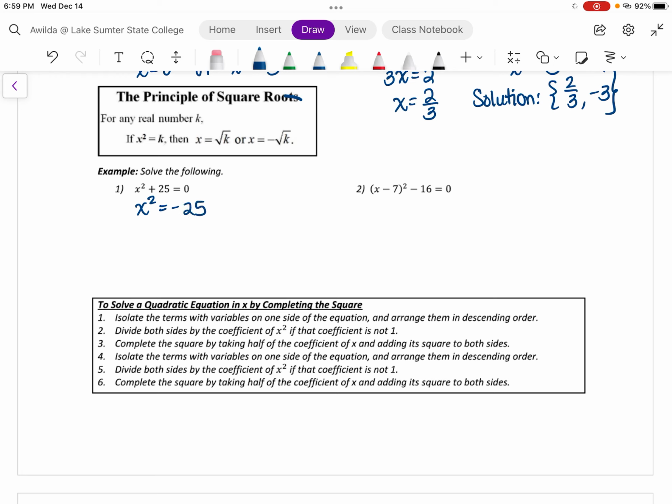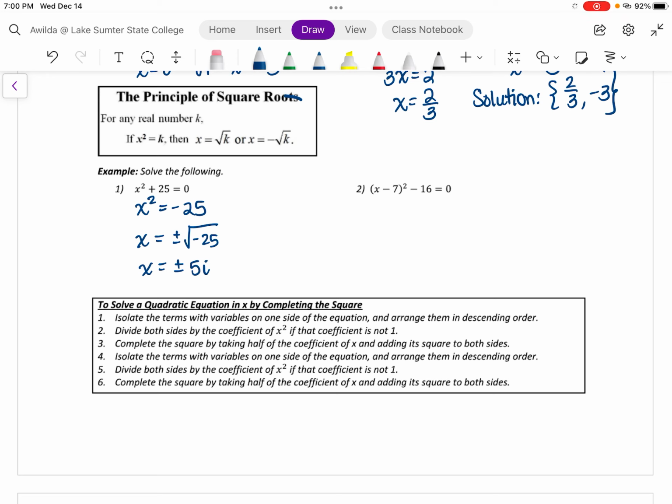Negative 25 is a real number, and because we now know that complex numbers follow rules that real numbers do not, we can apply this principle of square roots to say that x is equal to either the principal or the negative square root of negative 25. Well, the square root of negative 25 can be written as 5i.